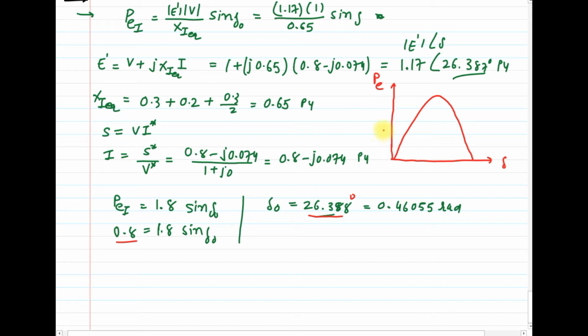Here the angle is delta 0, which is equal to 26 degree, and the electrical power output is 0.8, or if you wish you can write PM. At a PM mechanical input power you will get 0.8 electrical power output. Clear?